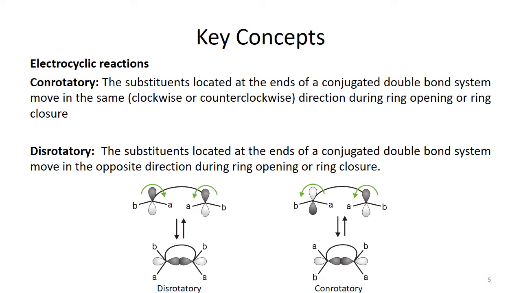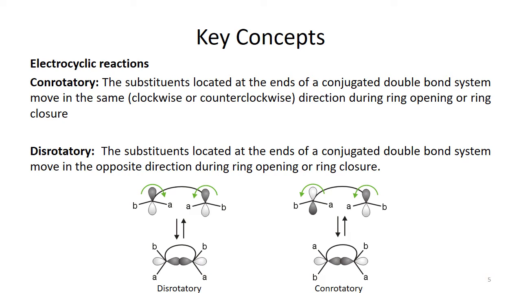Basically, determining whether a particular reaction is conrotatory or disrotatory can be accomplished by examining the molecular orbitals of each molecule. I already told you that, just like if you see in the conrotatory mode, if these two orbitals move in the opposite direction, then the overlap won't be successful, because in this case the overlap is between opposite signs of lobes, so that won't help the reaction to proceed.